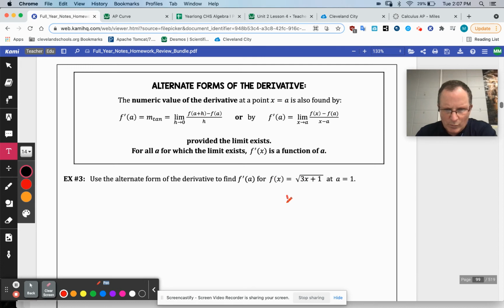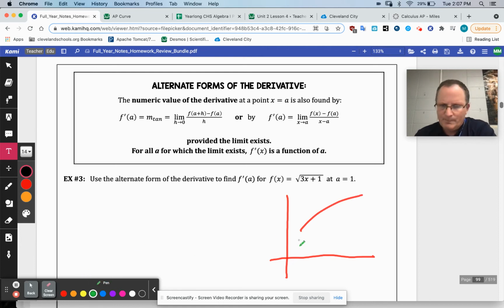So let's say we've got a function over here. It's traveling along, and we've got an a value. All right, so here's a, and then this would be f of a, just like before. So just like we did on this one.